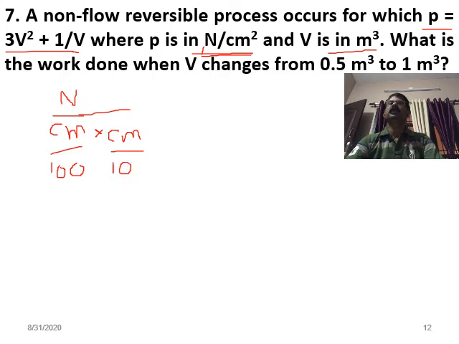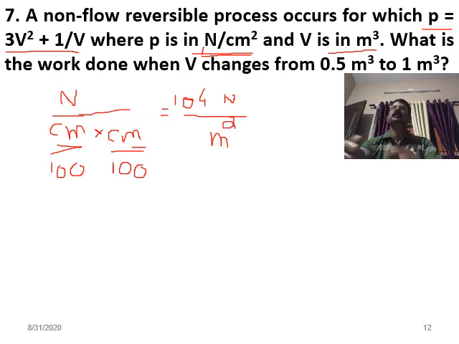Now 100 into 100 is 10 to the power 4, so it goes to the numerator, since it is in the denominator of the denominator. Newton will remain as such in the numerator. Now this centimeter is already divided by 100, so it becomes meter into meter, which is meter square. So 1 Newton per centimeter square is equal to 10 to the power 4 Newton per meter square.